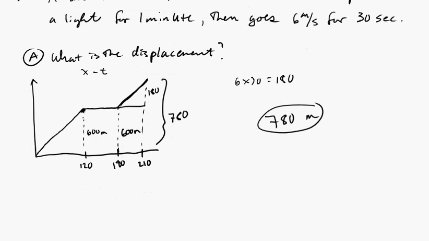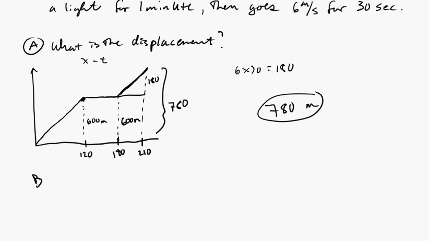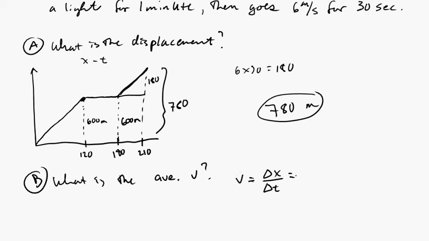Okay. A follow-up question here is, what is the average velocity? So velocity equals change in position over change in time, displacement over time. Now we know in total she went 780 meters.